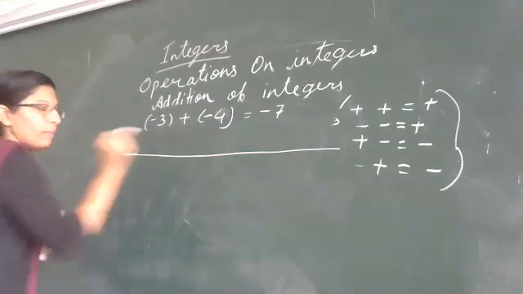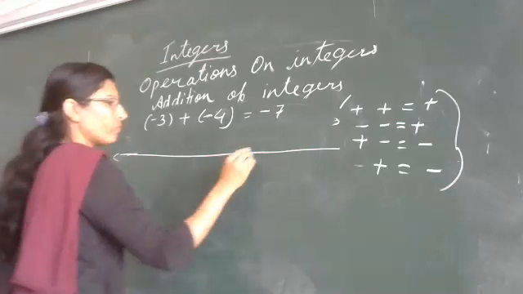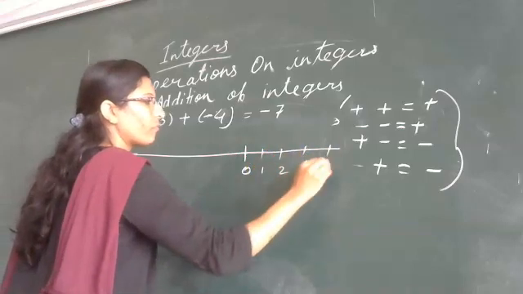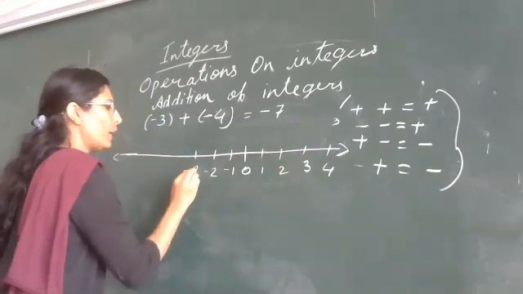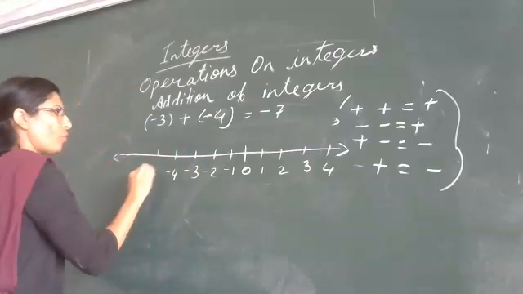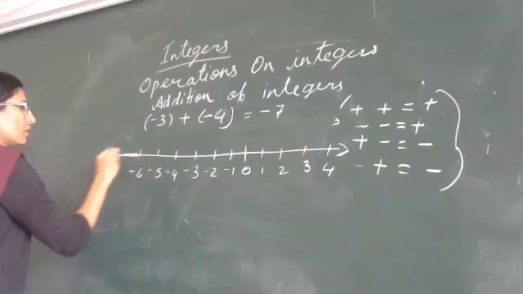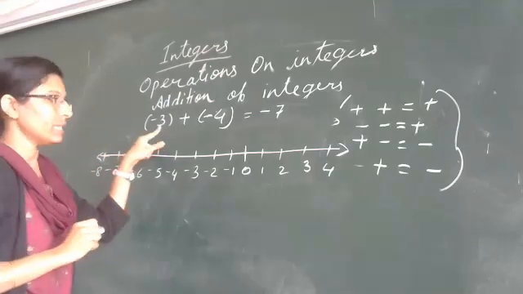So all numbers are minus, so we'll write here minus 1, minus 2, minus 3, minus 4, minus 5, minus 6, minus 7, minus 8.